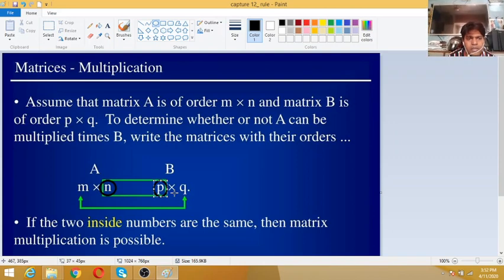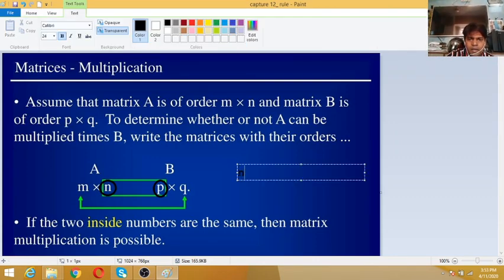That's the rule to multiply two matrices. That means if this is satisfied, these two are equal. If the value of n is equal to the value of p, then we say that the two matrices can be multiplied.